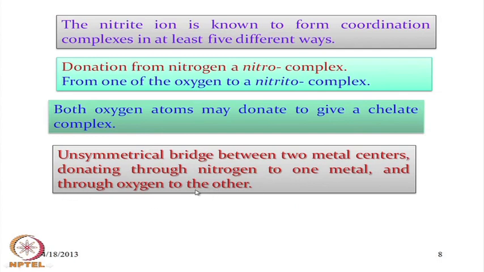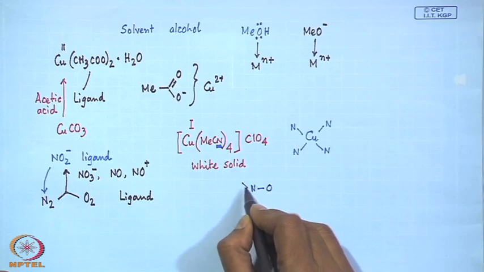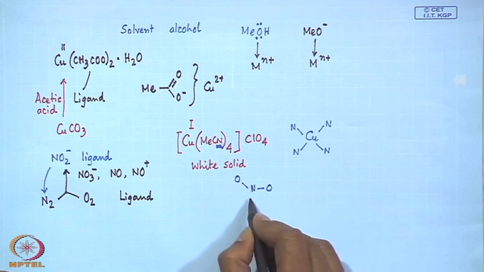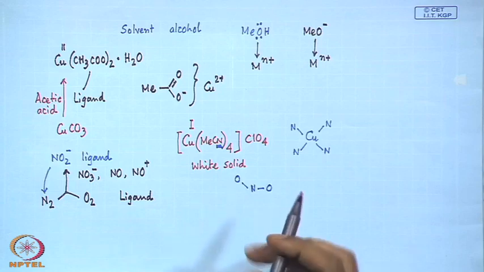That means, if we have this nitrogen and oxygen and this is another oxygen, it can bridge between 2 metal centers.